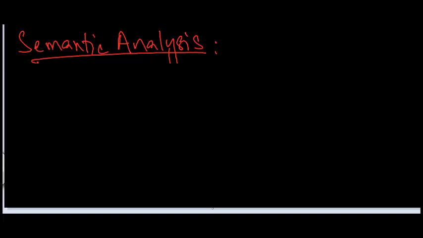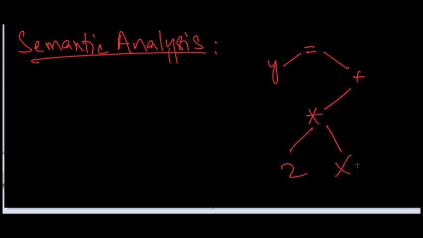Remember, this was our parse tree from the syntax analysis stage, right? This was the parse tree that we had created. Okay, so the annotated abstract syntax tree would look something like this. We're going to create something like this. This would be an ID.